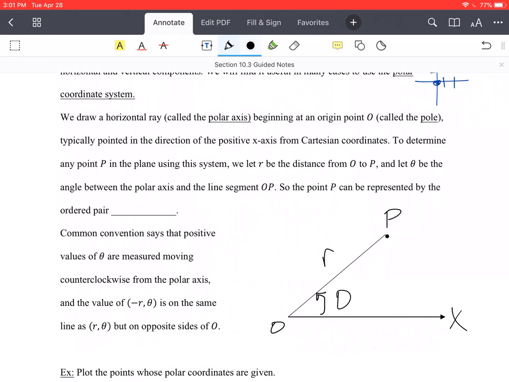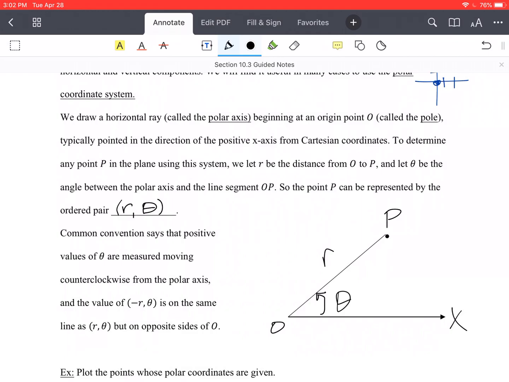So this right here, that is our theta angle in there. So the point P can be represented by the ordered pair r comma theta.